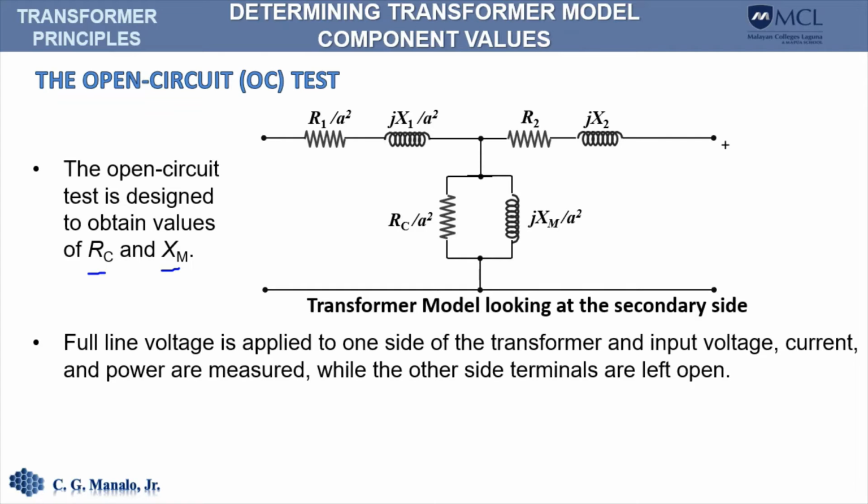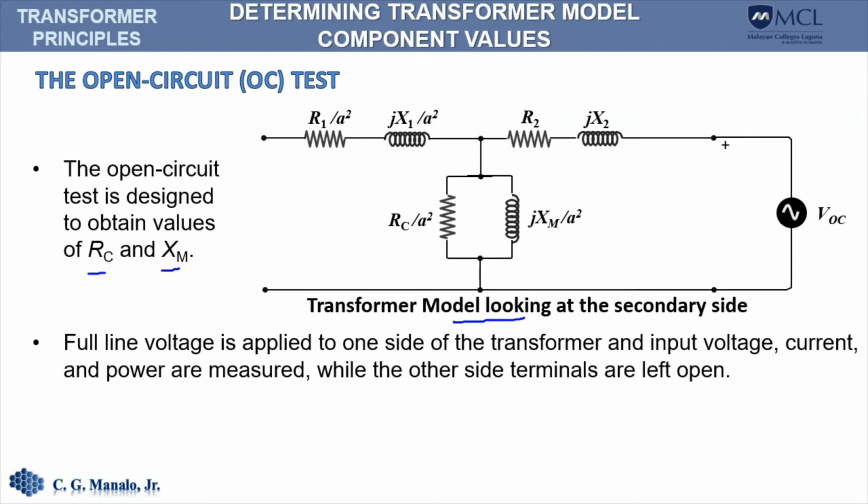It's called an open circuit test because we apply a voltage on one side of the transformer and keep the other side open. Here we have a transformer shown as an exact equivalent circuit referred to the secondary.